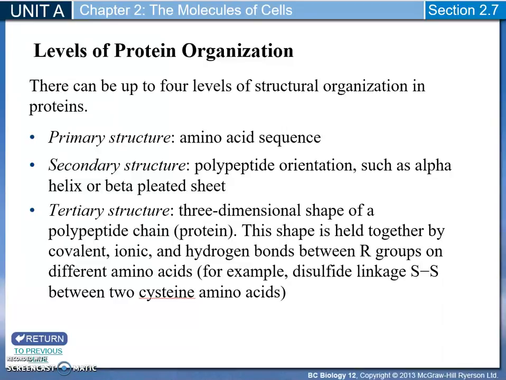Then the tertiary structure, this would be the 3-dimensional shape of a polypeptide chain, and this shape is held together by covalent, ionic, and hydrogen bonds between the R groups on different amino acids. So, for example, a disulfide linkage between sulfur atoms between 2 cysteine amino acids would be one example of that.